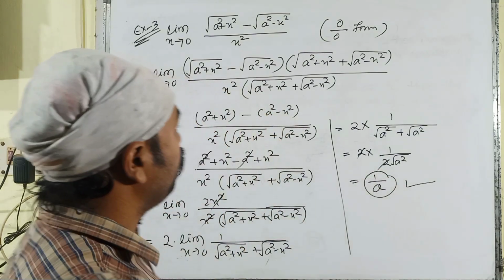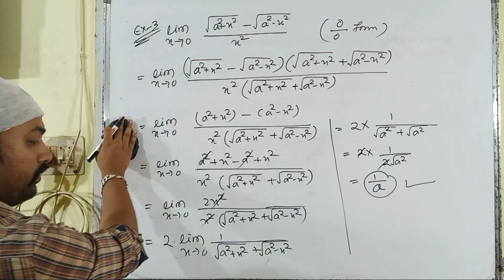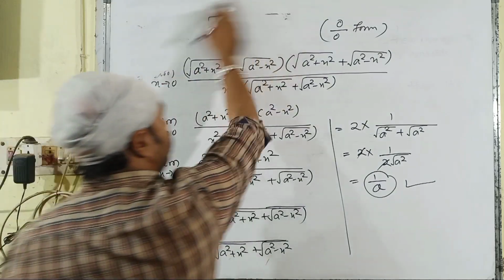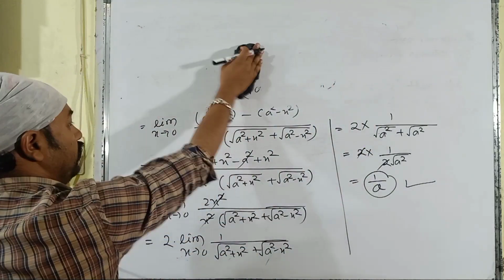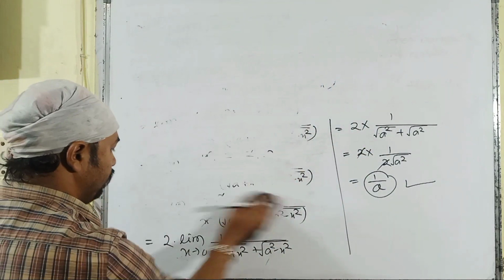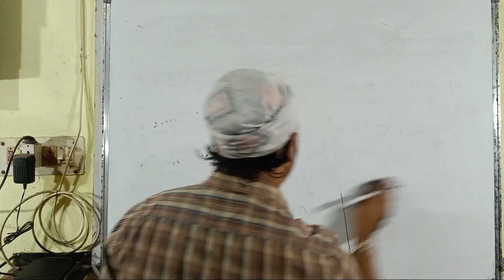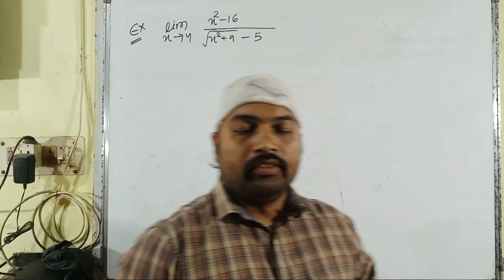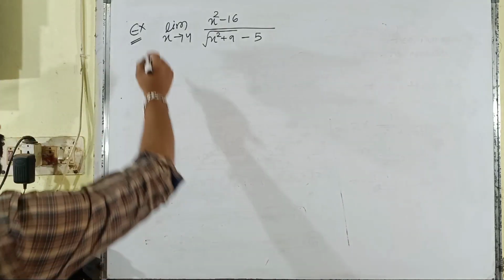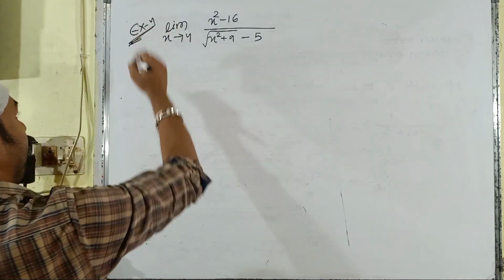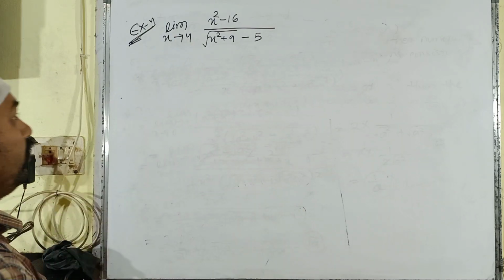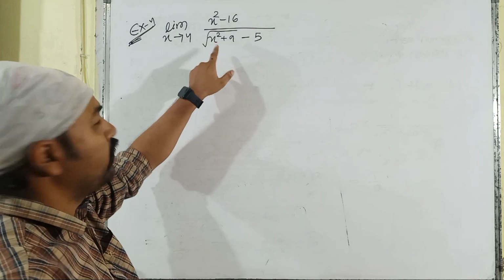Then coming to the next problem. Now let us go through the problem number 4, example number 4. Here the square root exists in the denominator part.